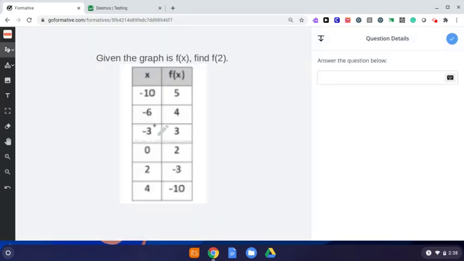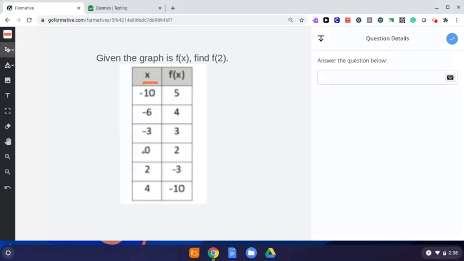And if you notice on this problem, we don't have a graph, but we have a table. And that's the other thing we're going to learn today, how to use function notation when we have a table. When we have a table, all you have to do is look right here. Remember, this is the x value, and so I'm looking for the x value 2.